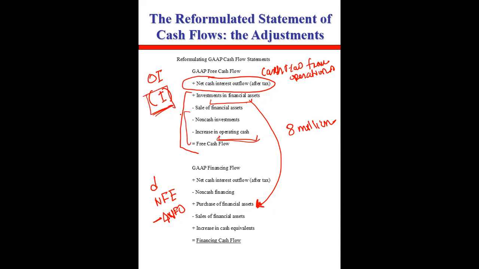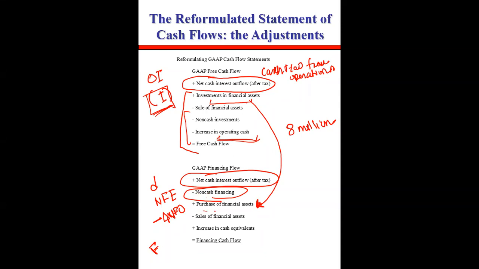Okay. And here we will say net cash interest outflow. This is the payment to whom? This is the payment to the debt holders. We reflect this by F. Then if we make financing, we are taking money from the financiers. We are not giving money to them. That's why it is the subtraction.